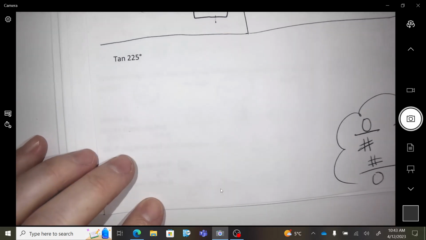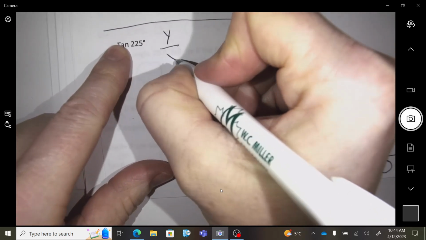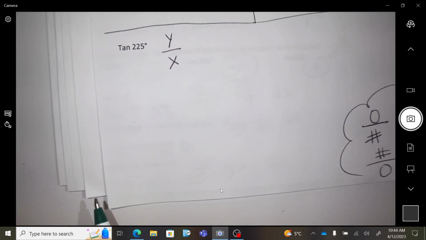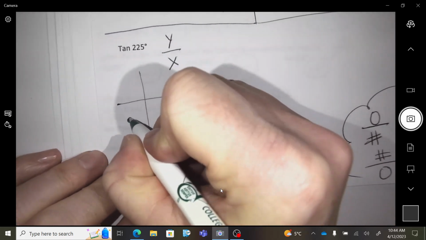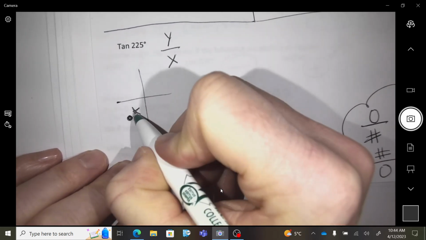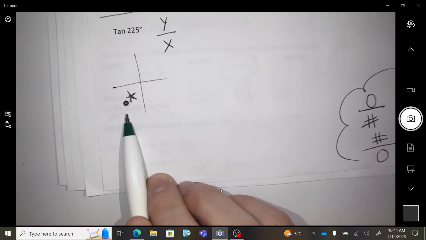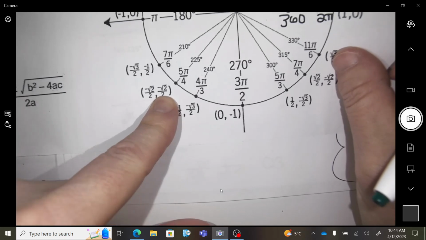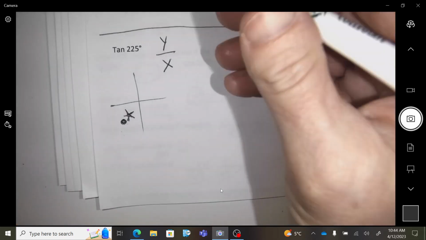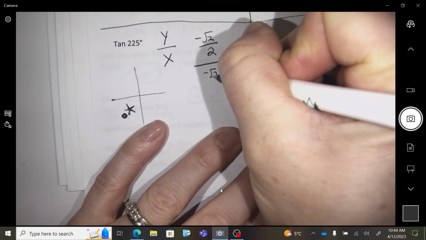Okay, the last question here. Tan of 225, thank you, excellent. There's your letters. You need a y divided by an x. So 225, you should be looking here. Everybody has their eyes on their formula sheet. The y number divided by the x number.